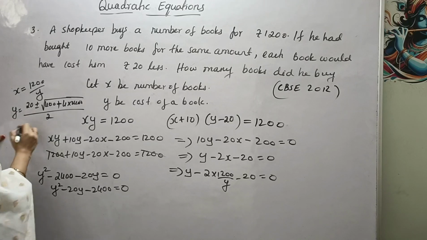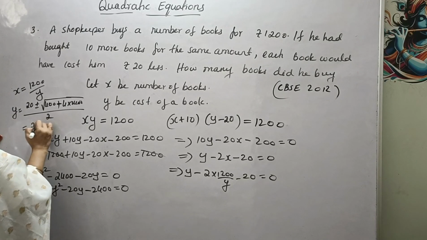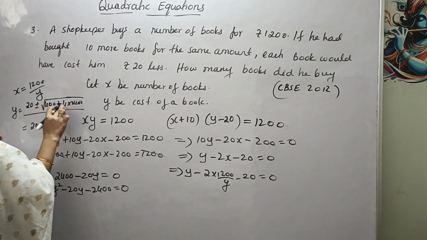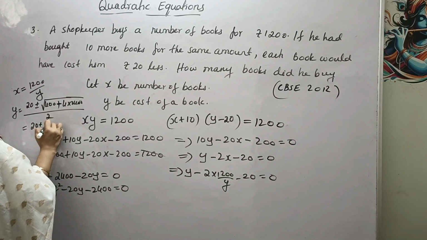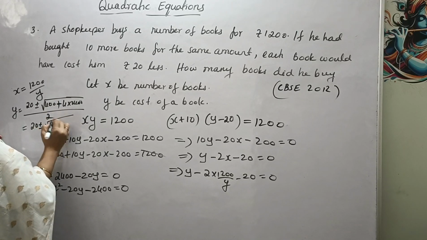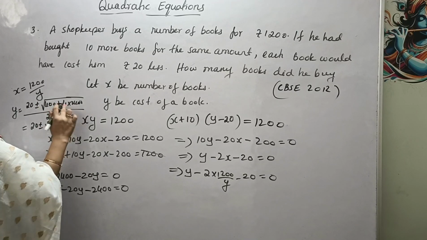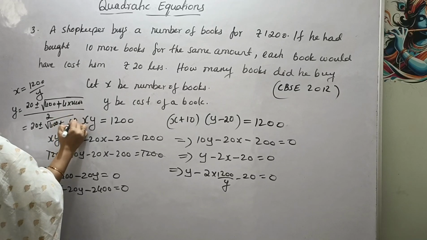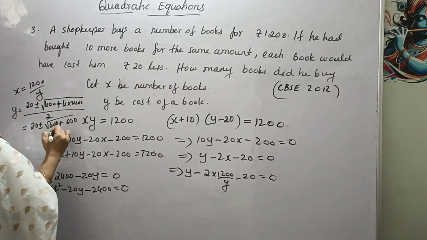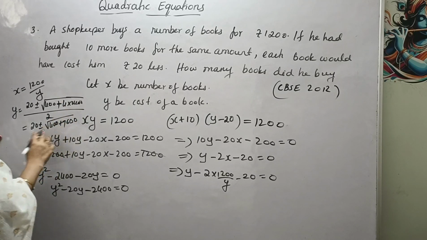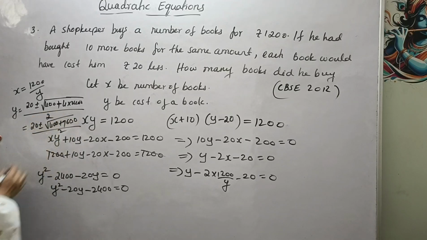Now let's find it. That is 20 plus or minus root of 400 plus 4 into 2400, that is 9600, so 10,000, divided by 2.